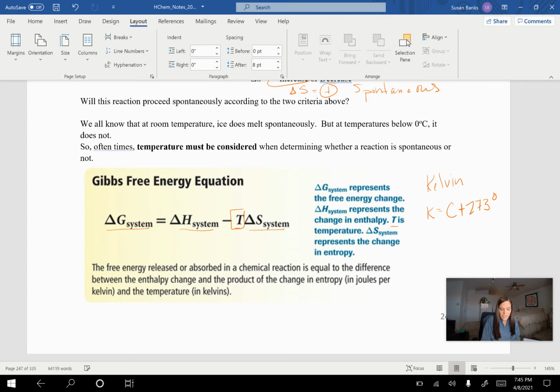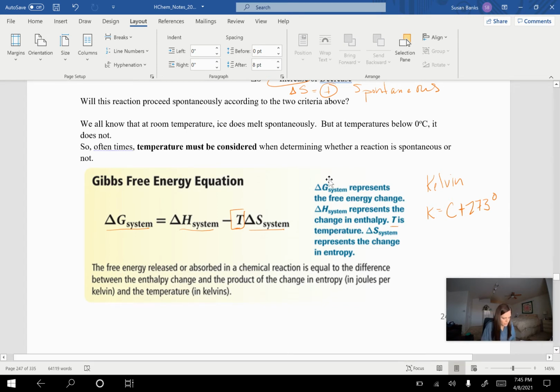And notice in Kelvin, we do not have this little degree sign. It's just a big capital K. Kelvin is based on the idea of absolute zero. When we are at 0 Kelvin, we are at absolutely no kinetic energy at all. All motion of all molecules and particles stops.